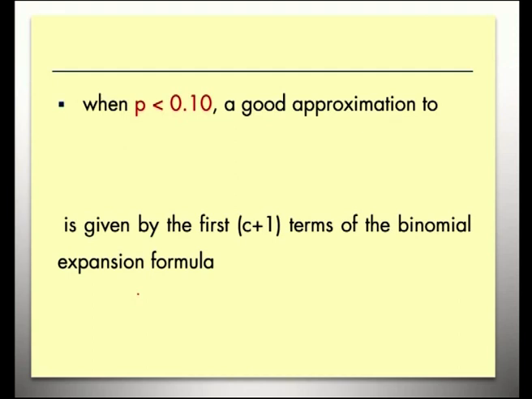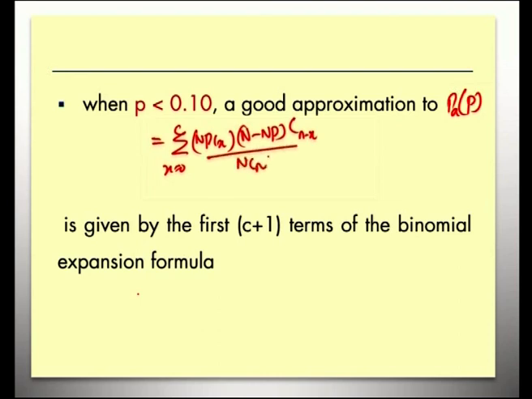When p is less than 0.10, a good approximation to P_A of p is given by the first C plus 1 terms of the binomial expansion formula. The binomial expansion formula is given by 1 minus n by N, the whole power Np.